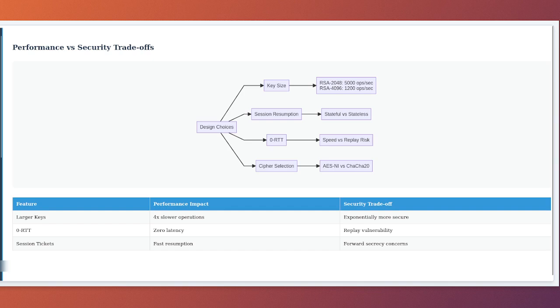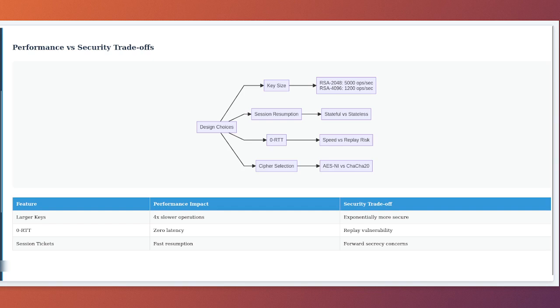For comparison, on a modern server, RSA 2048 might handle 5,000 signatures per second, while RSA 4096 drops to about 1,200. For a busy website, this difference in CPU usage is substantial. This is why the industry is moving toward elliptic curve cryptography. ECC provides equivalent security with much smaller keys and faster operations.